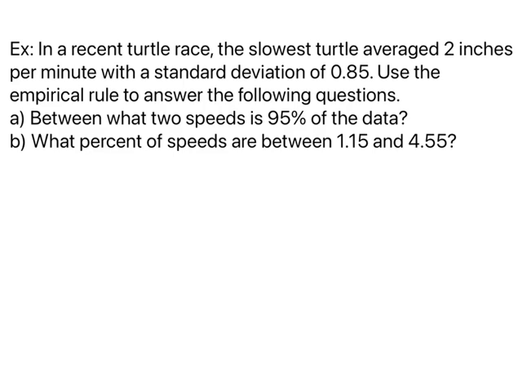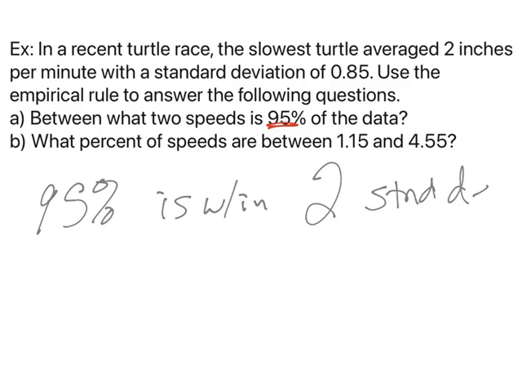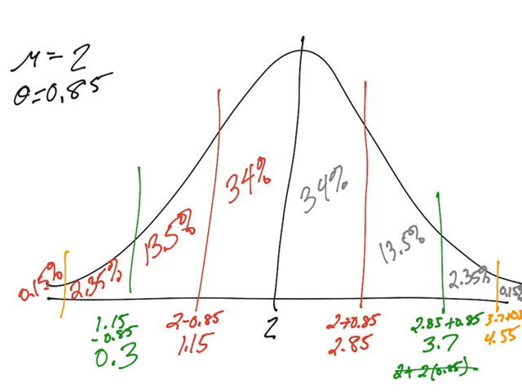Okay, so now I can answer my questions. The first question says between 2 speeds is 95%. Well, we know that 95% is within 2 standard deviations. So if we go back to our picture, I want 2 standard deviations. So 2 standard deviations on the right is 3.7.